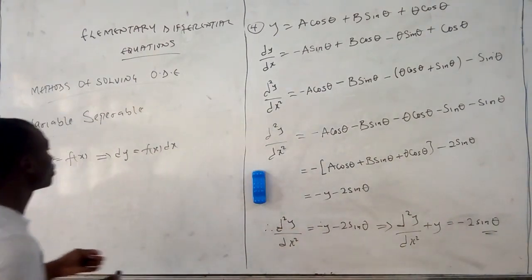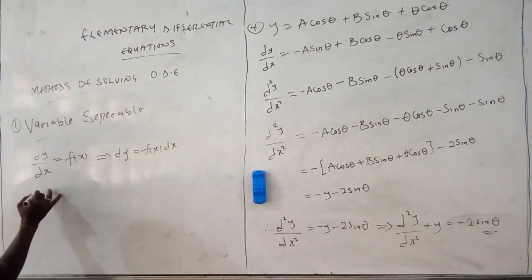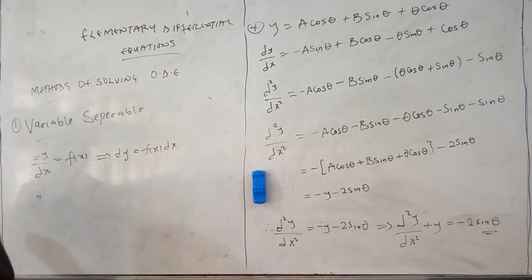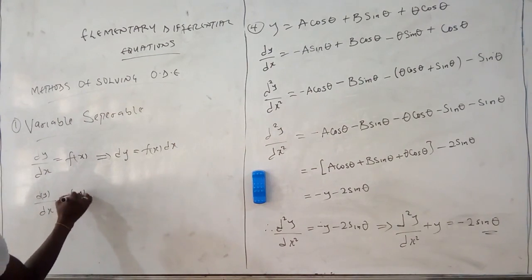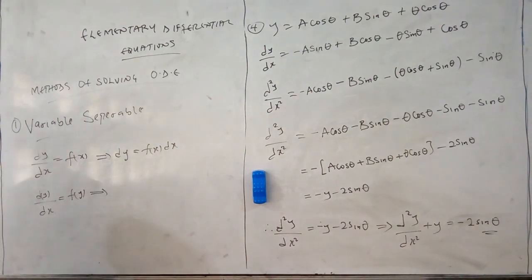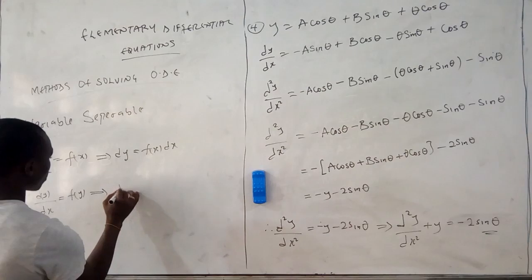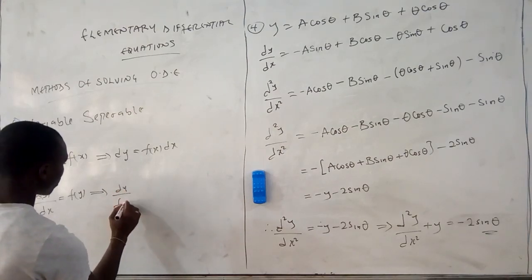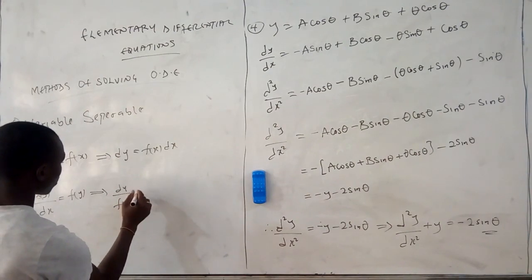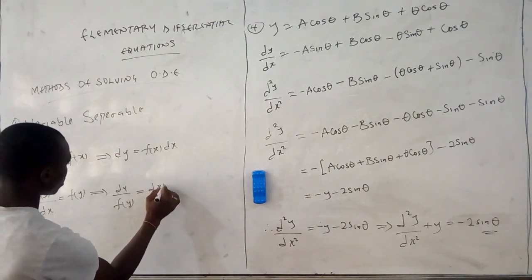Same thing if you go with that of, let's say, dy dx is equal to f of y. It can also be written as dy all over f of y is equal to dx.